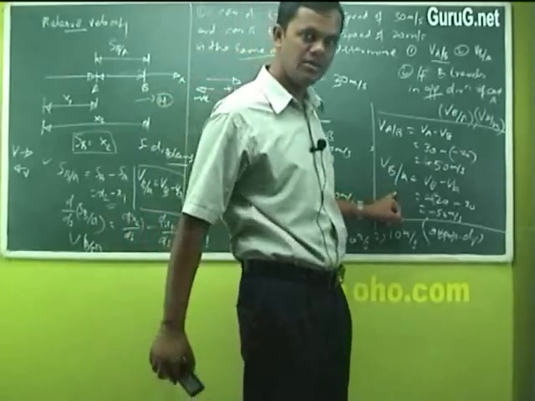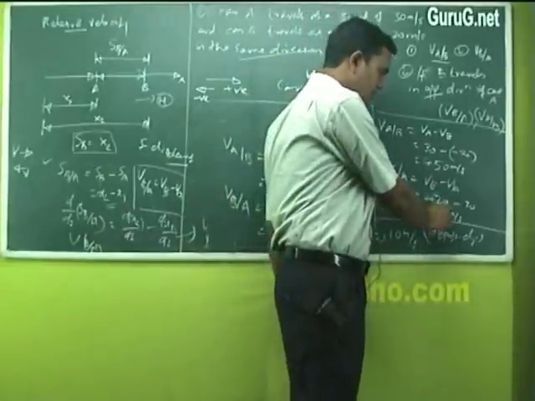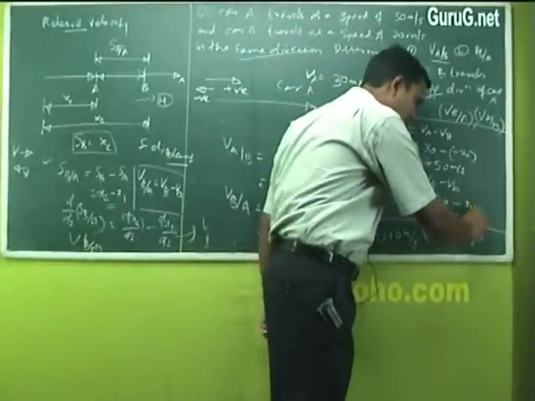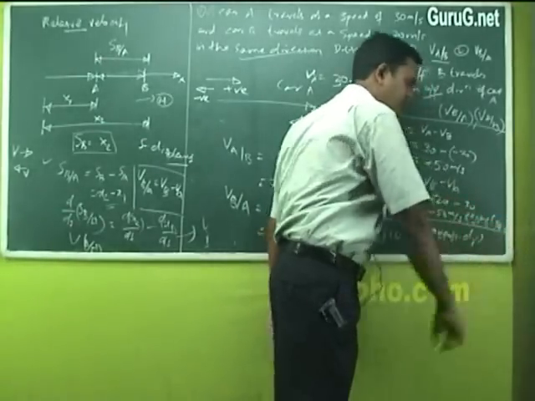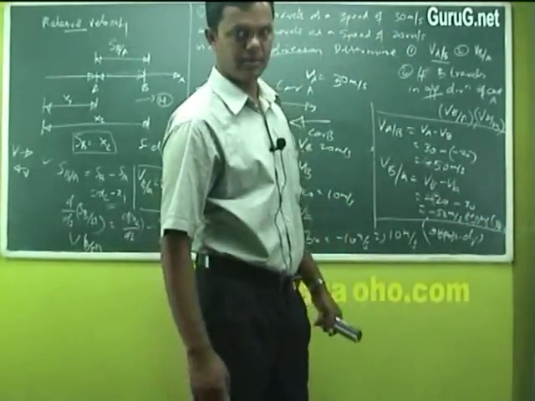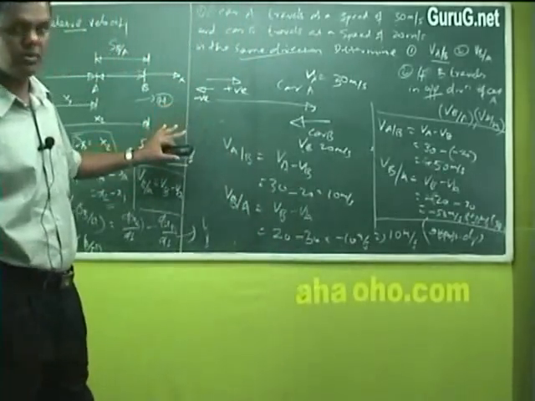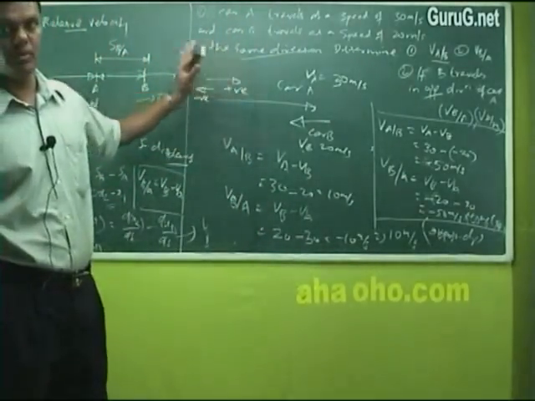Now here, according to the symbol, you should not leave the value as minus like this. We have to write it as 50 meter per second in the opposite direction. That is the correct way of writing the answer. So this is the difference. The purpose of relative velocity is to find out, when two bodies are in motion, the relative velocity of one body with respect to the other body.